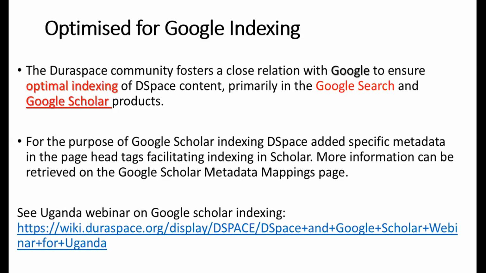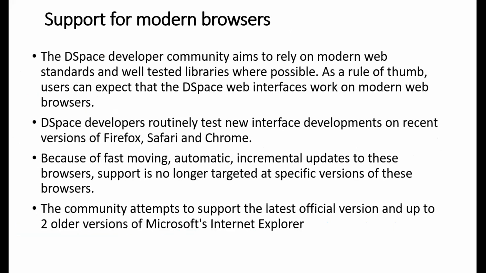I've added a link down there from a previous Uganda webinar where we looked at Google Scholar indexing, and I think you'll find it very useful because it provides several tips on how to work your metadata and ensure that your repository is free of errors that would be a problem to Google in terms of indexing. Google also supports modern browsers.